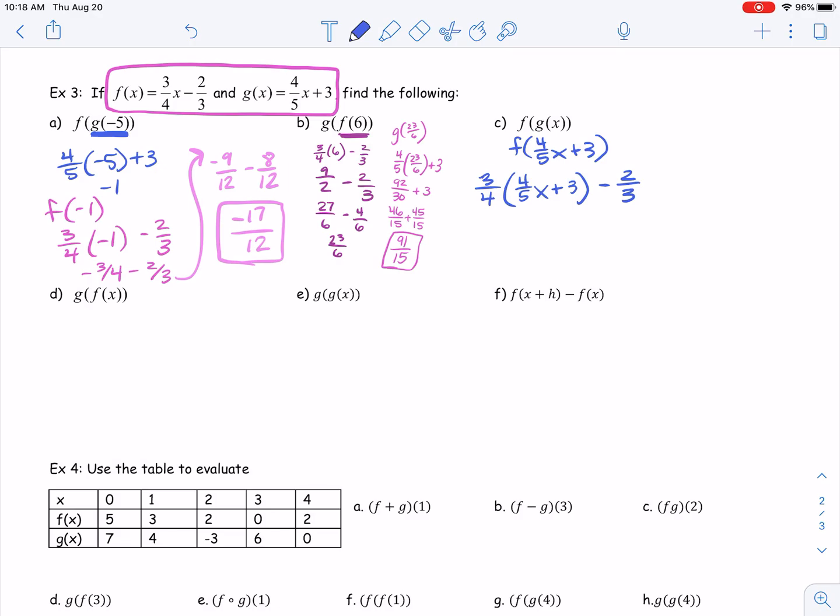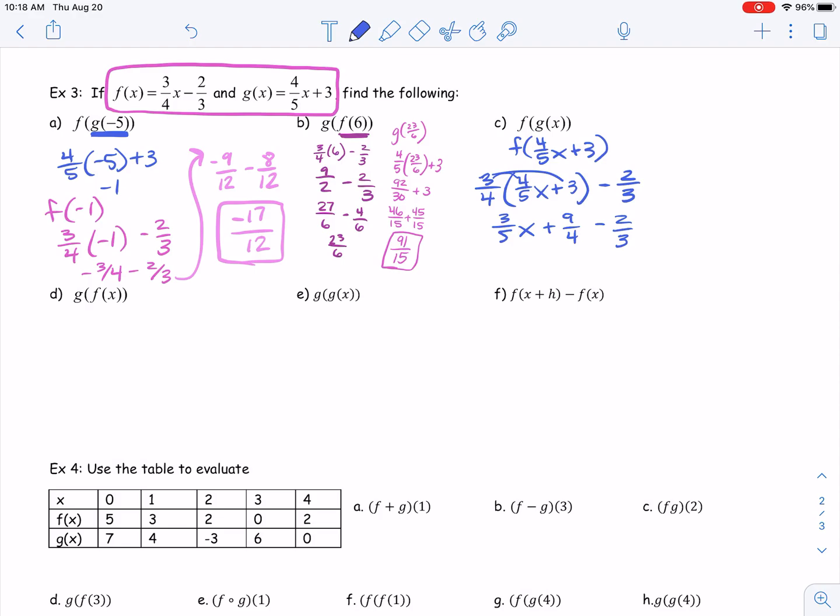What I need to do here is distribute that 3/4. So 3/4 times 4/5 is going to give me 3 over 5x. And then 3/4 times a positive 3 is going to give me a positive 9 over 4. And then I still have that minus 2/3.